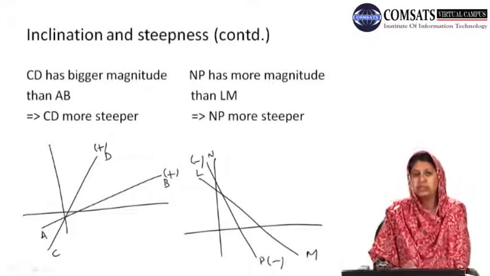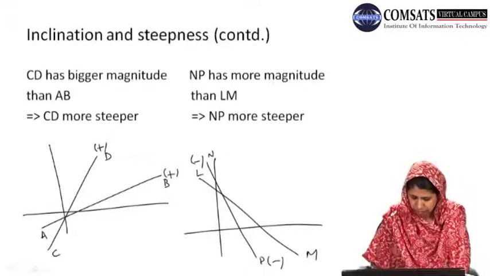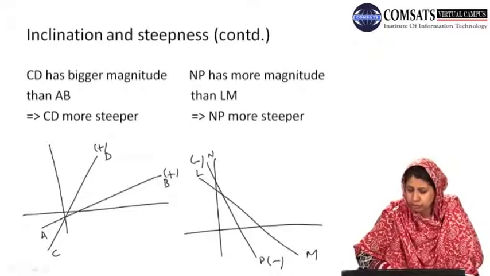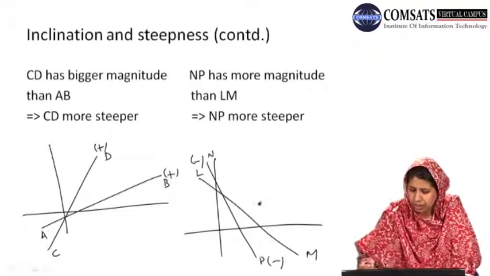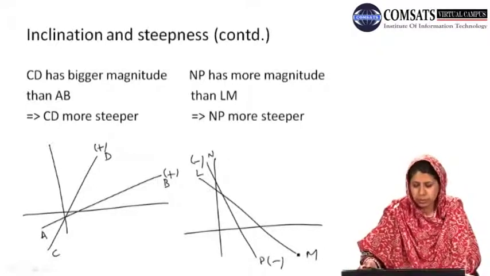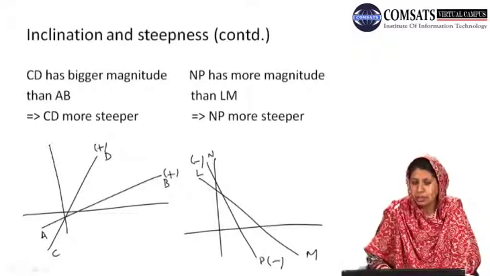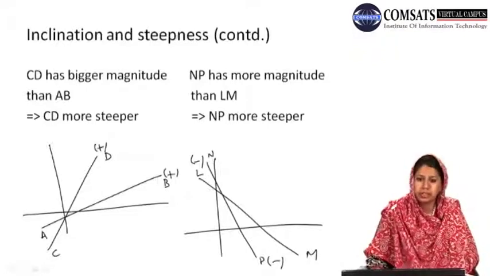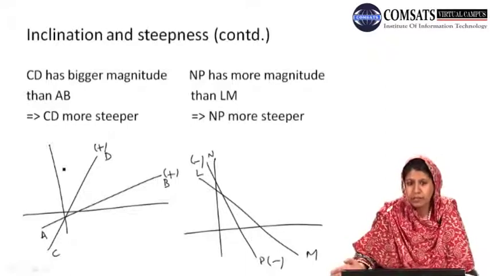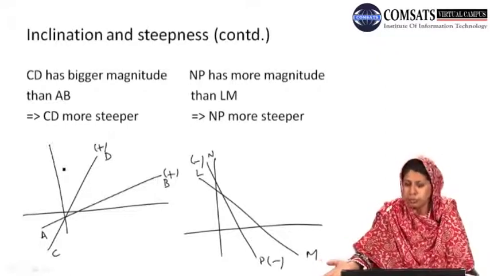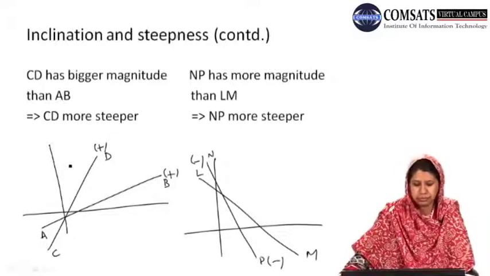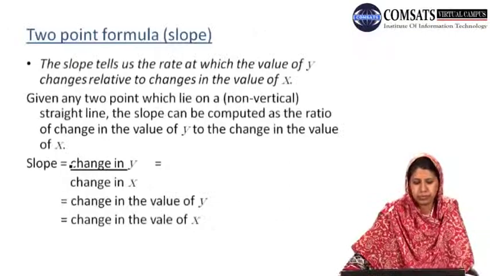I may write it here just to know what the sign of the slope will be. Now we can see the line NP is steeper than the line LM, which means that the line NP has more magnitude than the line LM. Even though both the lines have negative slope, which one is steeper? The one having the more magnitude.